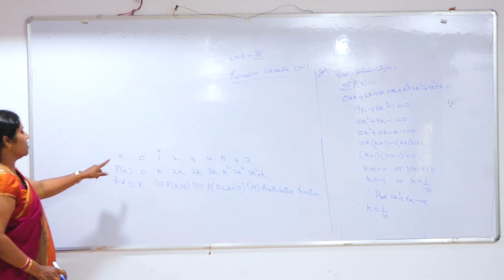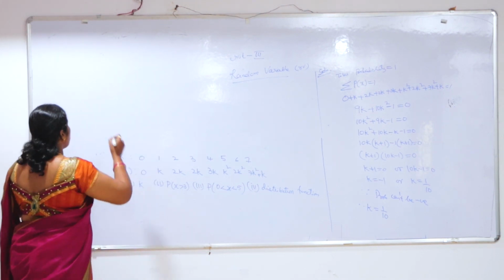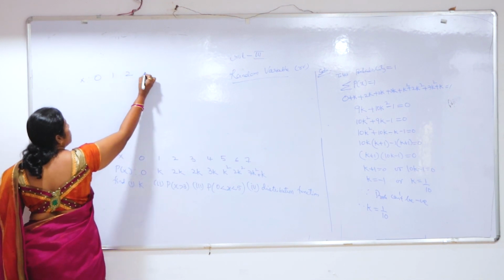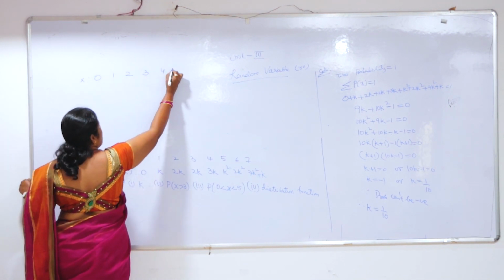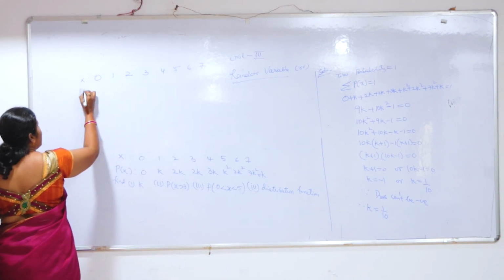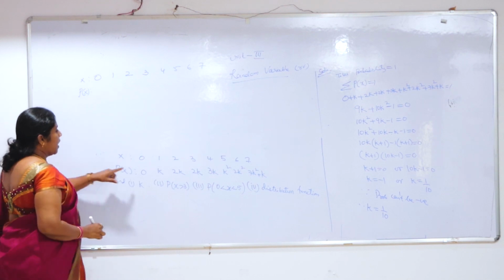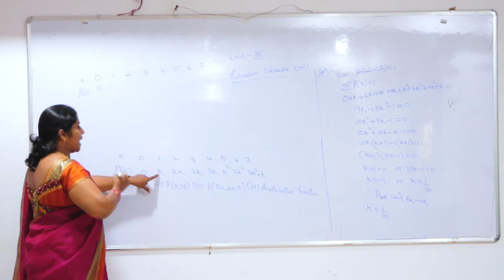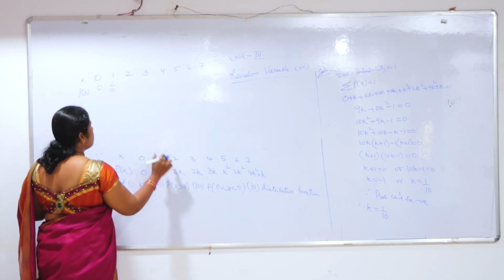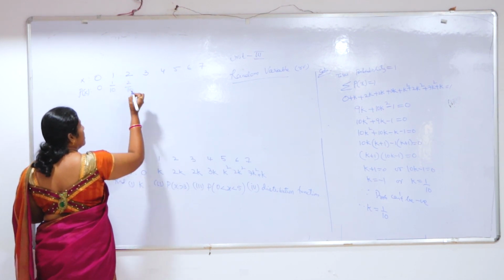Substitute this k value in the given problem. So what will become the solution? X equal to 0, 1, 2, 3, 4, 5, 6, 7. What will happen to your probabilities now? You have 0, then k. What is the k value? 1 by 10. What is 2k? 2 into 1 by 10, 2 by 10.